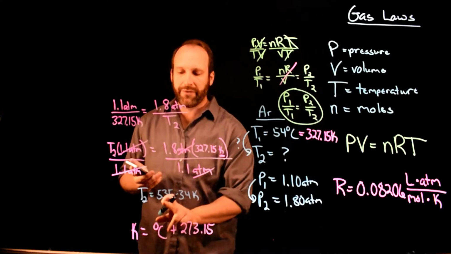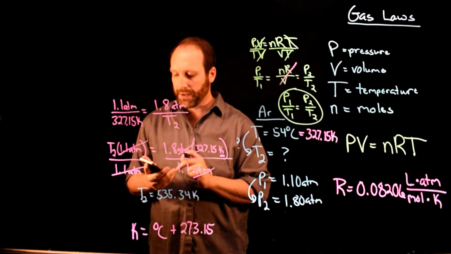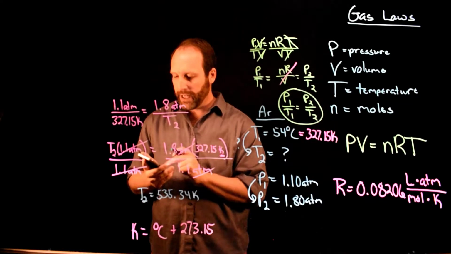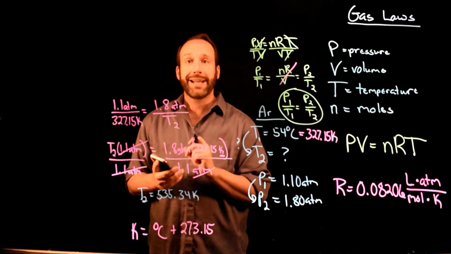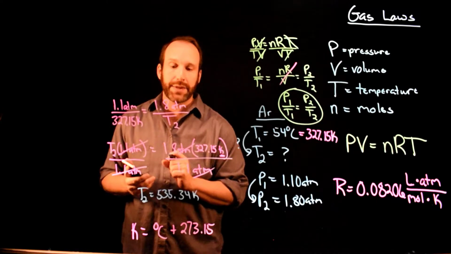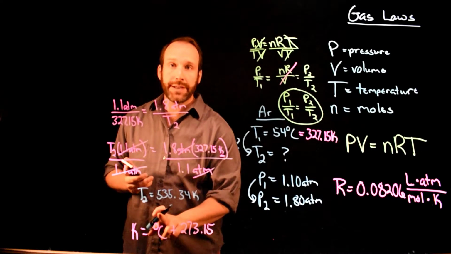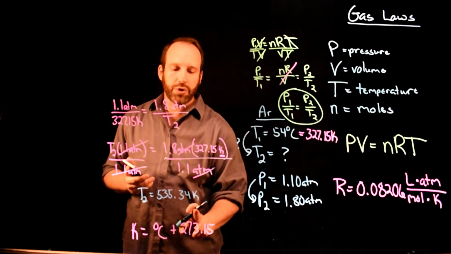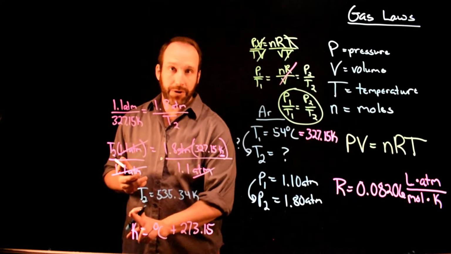But if you think back to our problem, we wanted the answer in degrees Celsius. So we're going to need to convert this Kelvin temperature back into degrees Celsius, right? To see which one of these is correct. So let me bring up the calculator again. Here's our temperature in Kelvin. Let's turn it back into degrees Celsius. How do we do that? We've got the Kelvin temperature. We want to solve for degrees Celsius. So that means we're going to subtract 273.15 from our temperature in Kelvin.